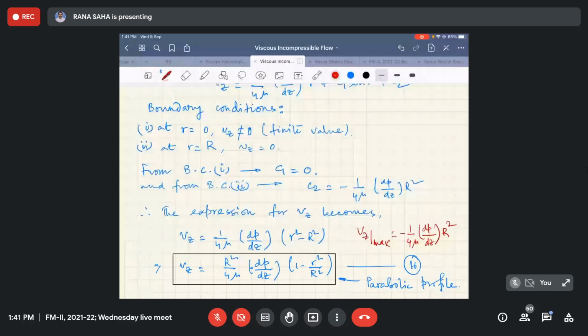So my question is, this particular treatment leaves us the expression of the maximum velocity, which is negative. Can anybody explain why this negative term is coming, and whether at all this velocity will be negative, because my positive direction is this one. This is my positive z direction, and this is my r direction.